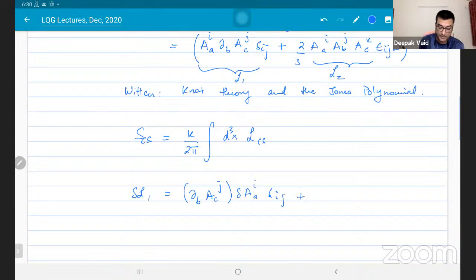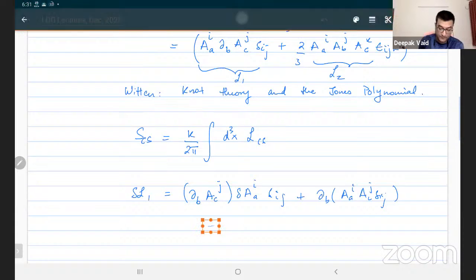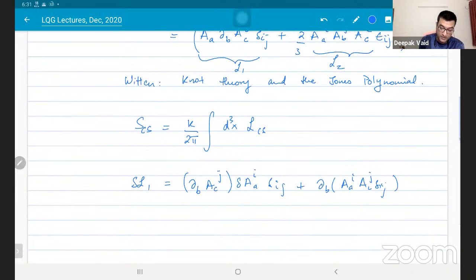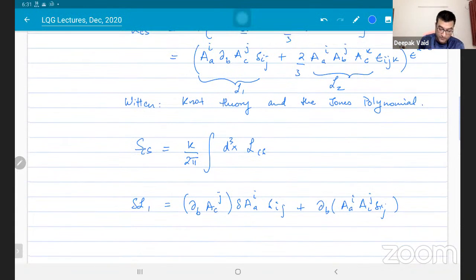So you can write that as something dBAi Cj delta Ij, then minus. So you will get the same term basically. You won't get anything new. So we'll just call this a boundary term.